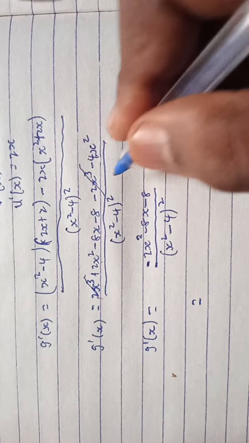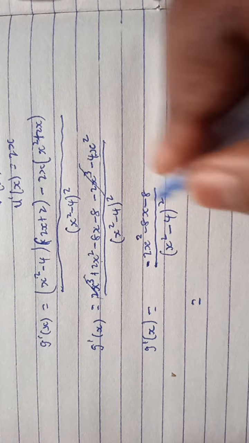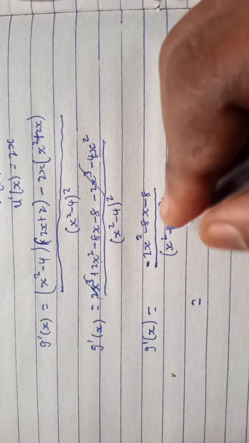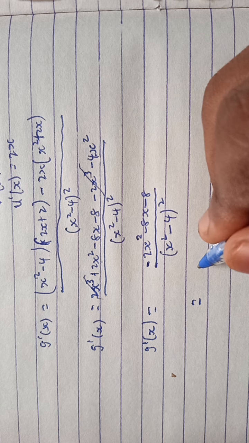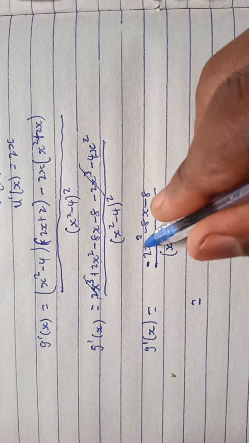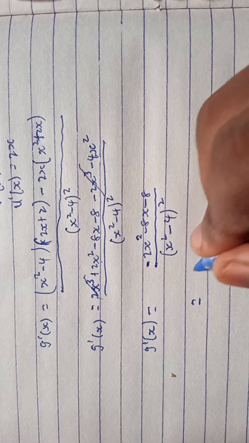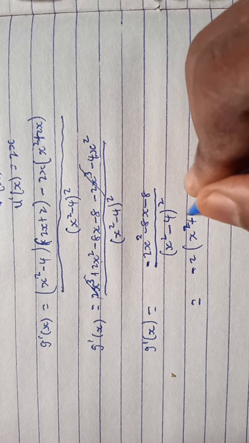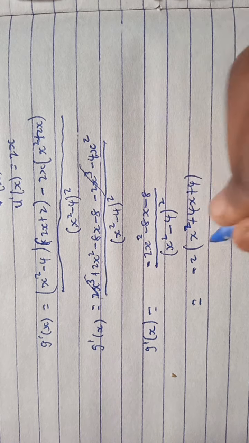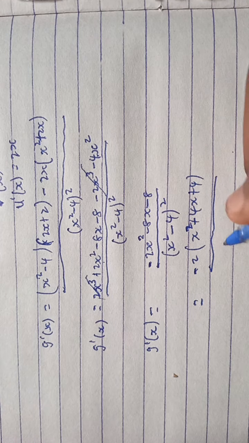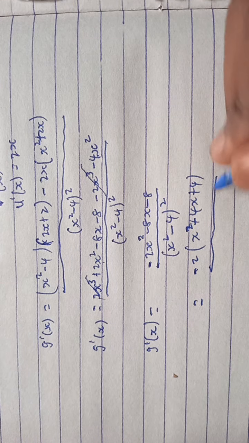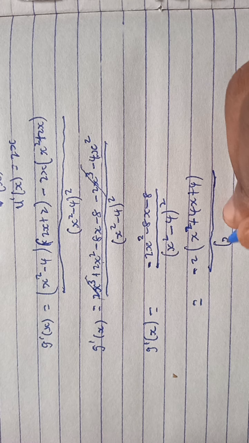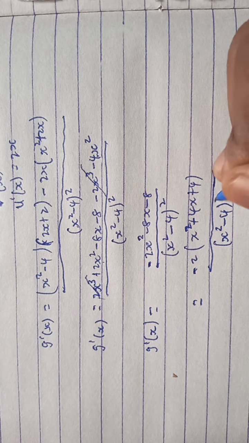So this one will be equal to minus 2 out, x squared plus 4x plus 4 rather, all over x squared minus 4 all squared.